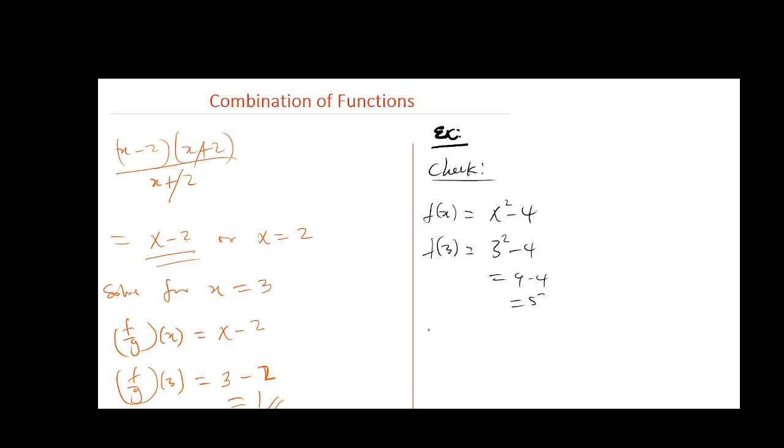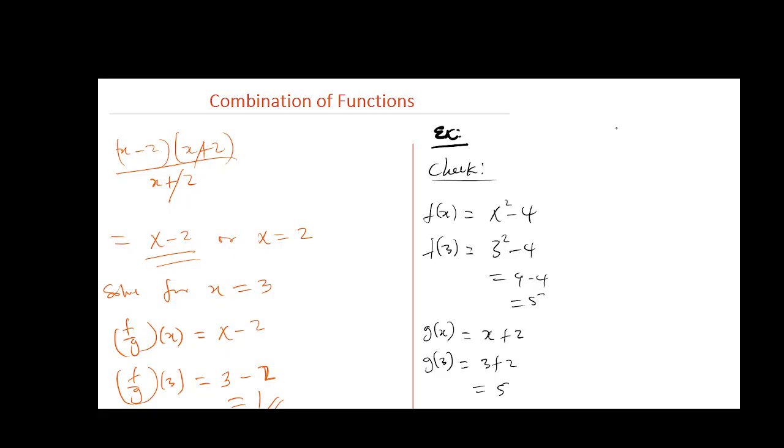Okay, let's check for g of 3. We know that our g of x is equal to x plus 2, right? So our g of 3 will give us 3 plus 2, which will give us 5.